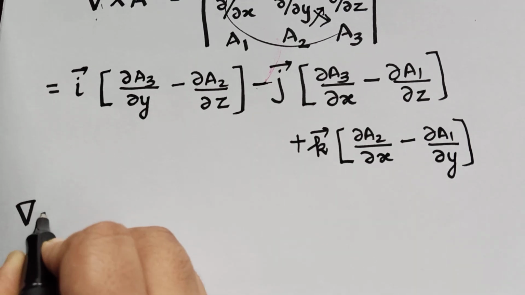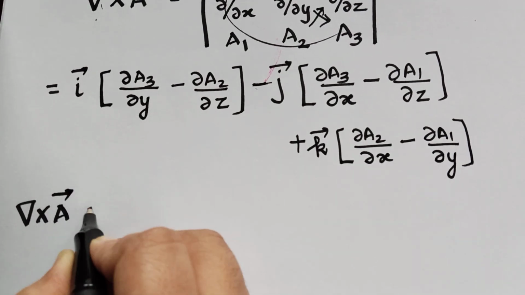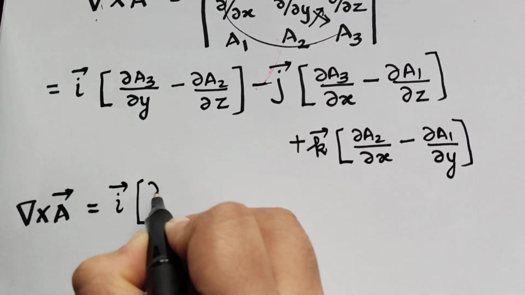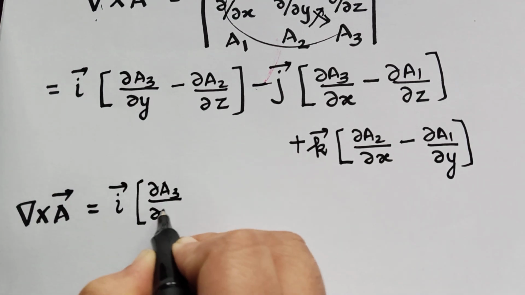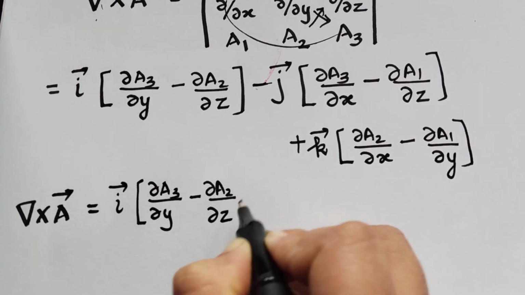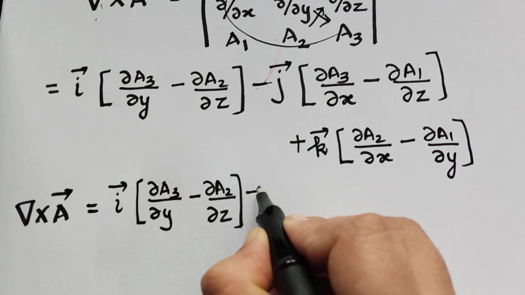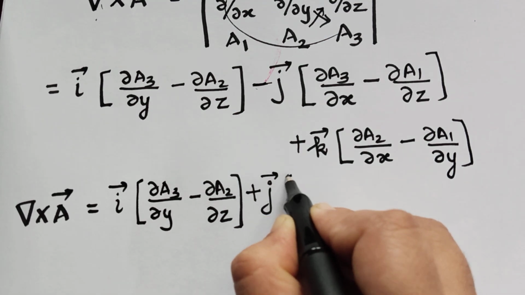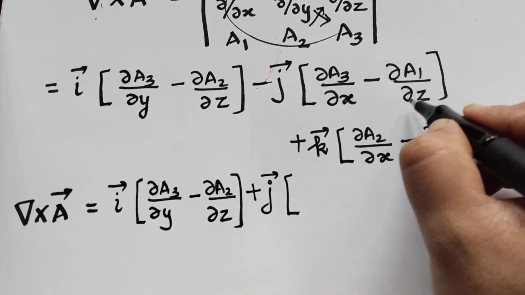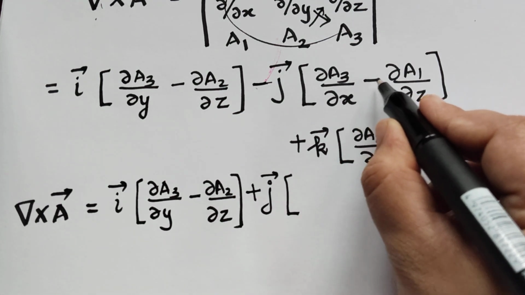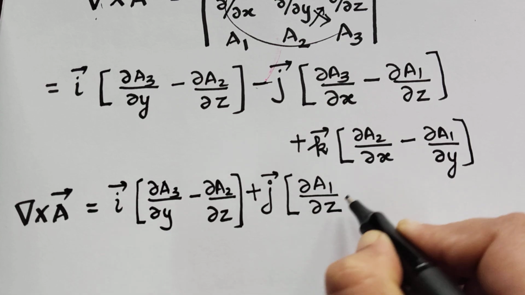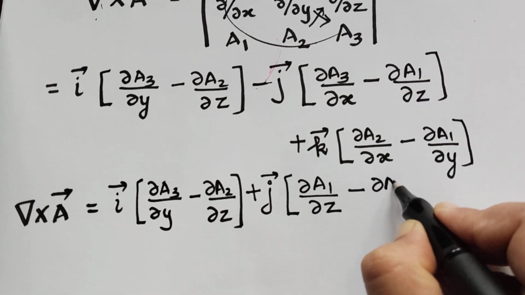So nabla cross A vector will be equal to, as it is, i vector multiplied with dou a3 by dou y minus dou a2 by dou z, and then this minus I want to make plus, so plus j vector multiplied with dou a1 by dou z minus dou a3 by dou x, since minus into minus will become plus.